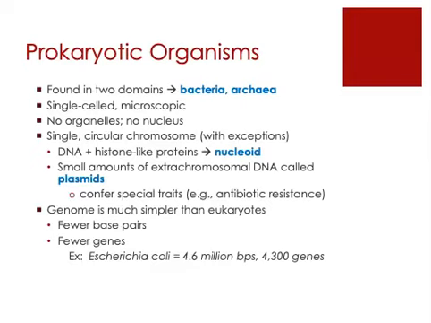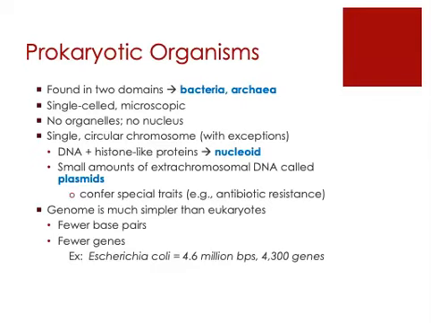Now, if you take the circular chromosome out of a prokaryotic cell, it's not in the form of a circle. It looks all jumbled up. And that's because in nature, DNA doesn't just exist on its own. It has to be folded up and compacted in a way that keeps it safe. In prokaryotic organisms, the DNA gets wrapped around a type of protein, which is referred to as being histone-like.